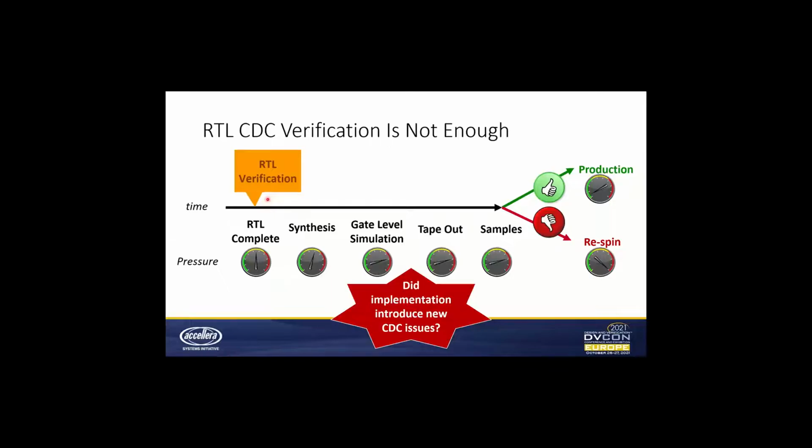But during the synthesis stage, when the design is transformed from RTL to gate level, new issues like glitches can be introduced that may eventually lead to chip failures. So even after CDC verification closure at the RTL stage, it is important to perform CDC verification on the gate level design to detect and address new issues. In this presentation, we will mainly focus on the glitch issue that is introduced.